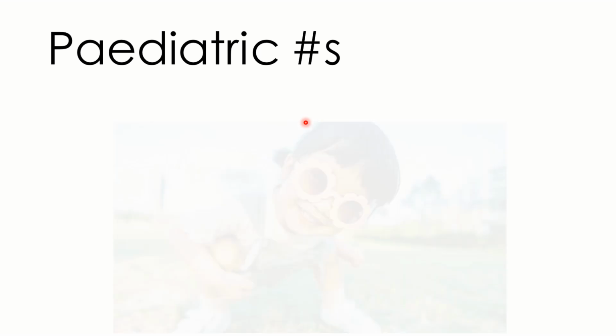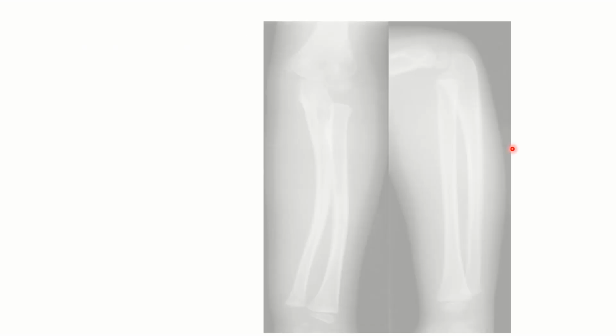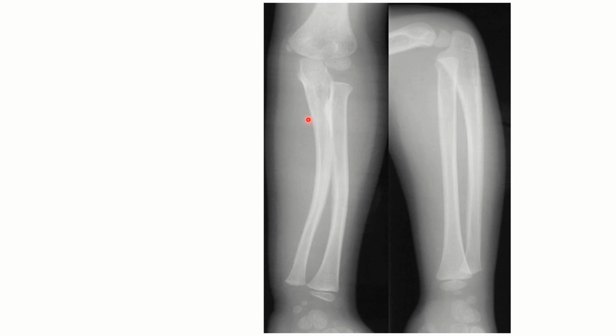Then in the pediatric age group, we have a certain set of other fracture patterns that we usually see. So this would be a bowing fracture, or a bending fracture. Here we can see that the curvature of the ulna is excessive. It would be very difficult to appreciate this, so we may need a comparative x-ray of the opposite side.